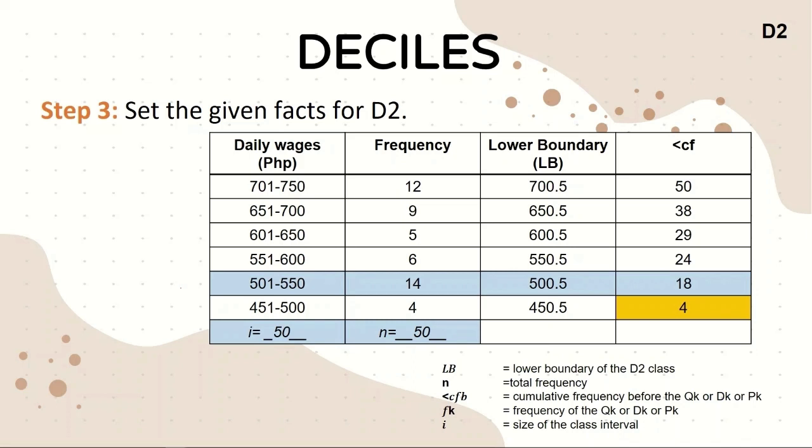Since the decile 2 position is in the 501 to 550 class, it means that the lower boundary is equal to 500.5, and then n is equal to 50, and then the less than cumulative frequency before the second decile is 4.